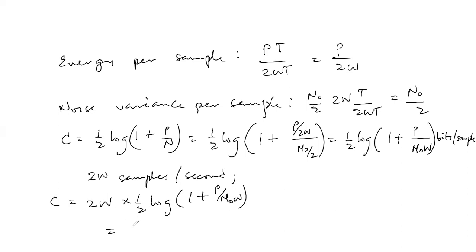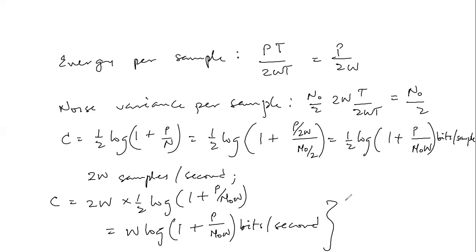And this is now going to give us the bandwidth times log 1 plus P over the noise power, bits per second. So this is the capacity of the band-limited Gaussian channel, okay?